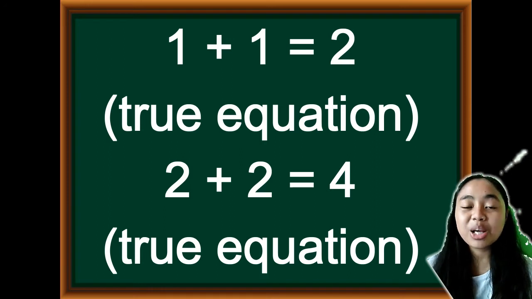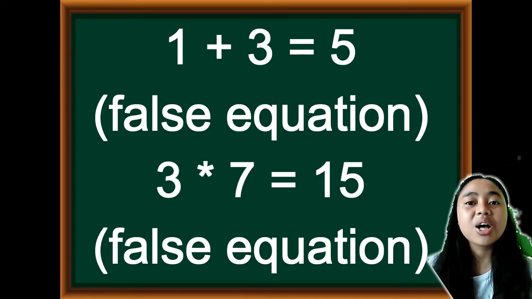2 plus 2 equals 4. This is a true equation because 2 when added to 2 is equal to 4. True equation. When you have an equation that is 1 plus 3 equals 5, that is a false equation. Why?